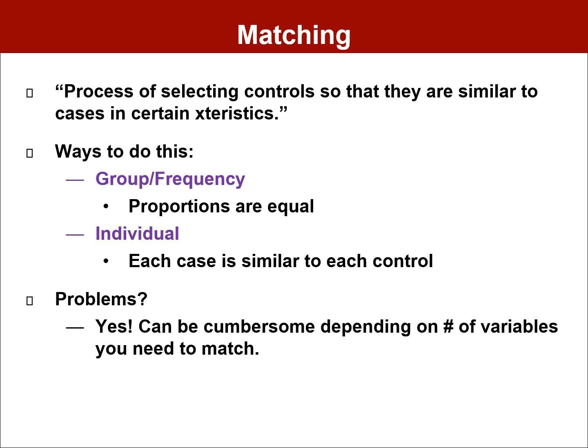The other way to do it would be at the individual level, where each case is matched to another case in the control group. Looking at both, I bet you can tell which is a lot easier to do. It's a lot easier to do it at the group level, where you're not looking for one exact match per individual. You're just looking at them in categories.